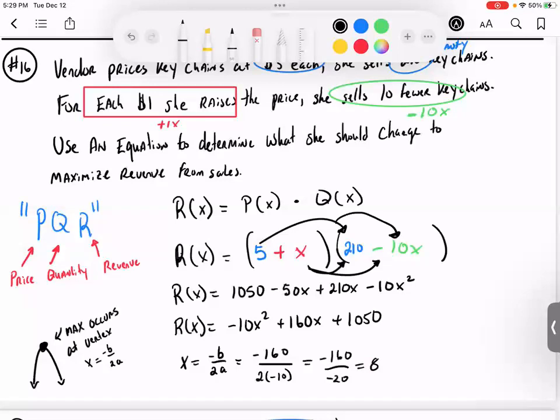Okay. Now, if you want to figure out the part where she asks what she should charge, she's not asking you for the maximum revenue now, but rather she's asking you what price she should charge.